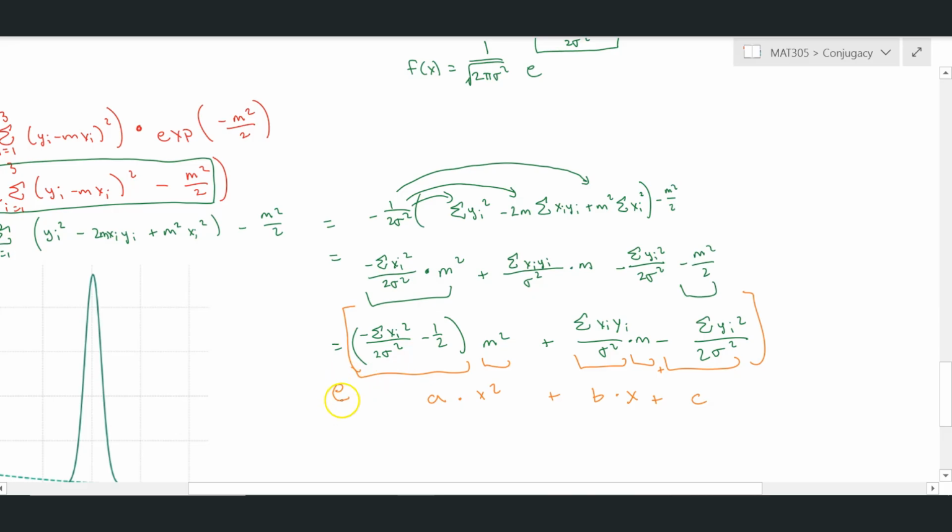And when I have an exponential that has the sum or difference of terms, I can actually write this as e to the first term involving m squared times e to the second term involving m times e to the c power, right?